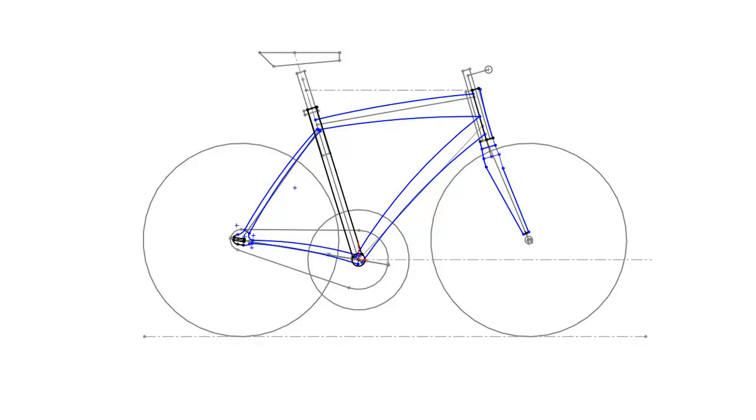The next step is to take your geometry and print it out, and then sketch directly on top of that various ideas you have for your frame and fork, using the printed out geometry as a guiding underlay.